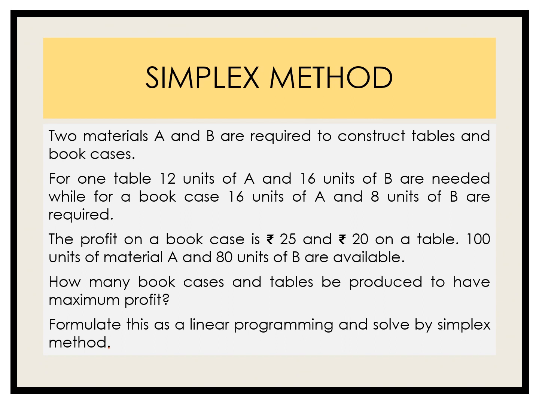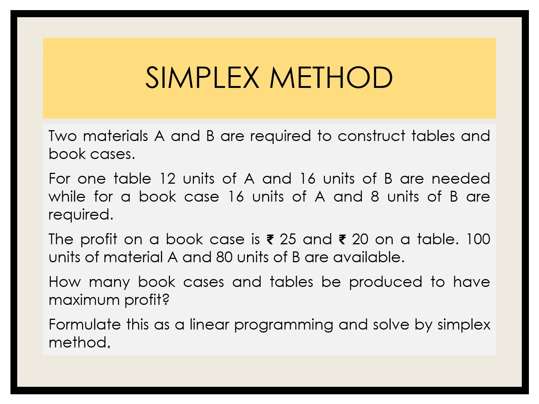This simplex method needs a question to get started. So we hypothetically take this situation where two materials A and B are required to construct tables and bookcases. For one table, 12 units of A and 16 units of B are needed, while for a bookcase, 16 units of A and 8 units of B are required.